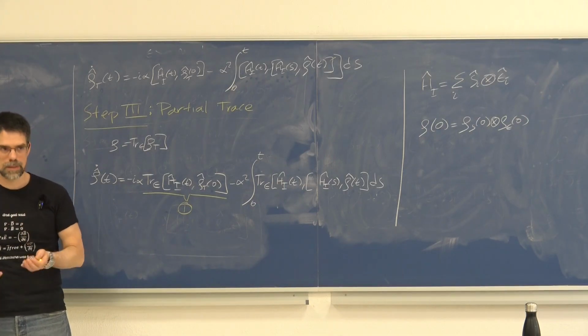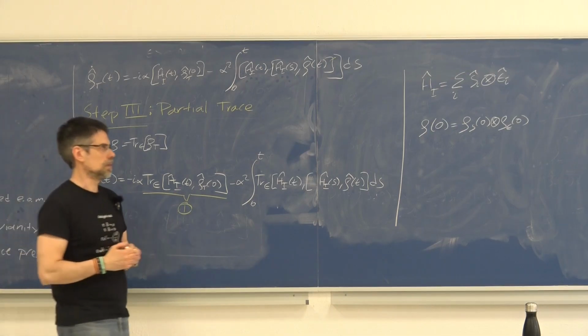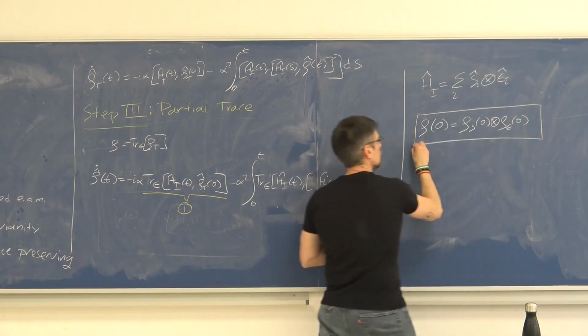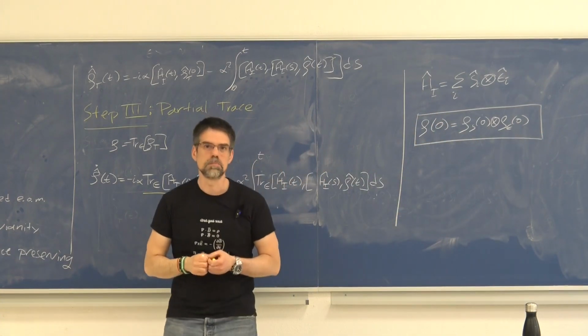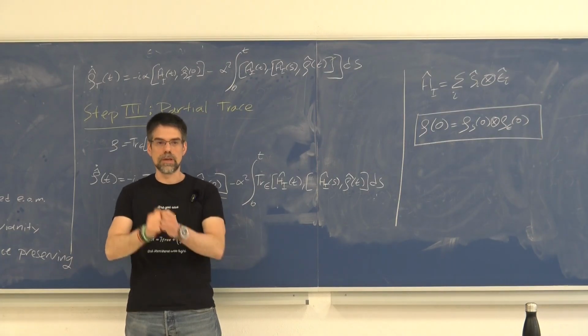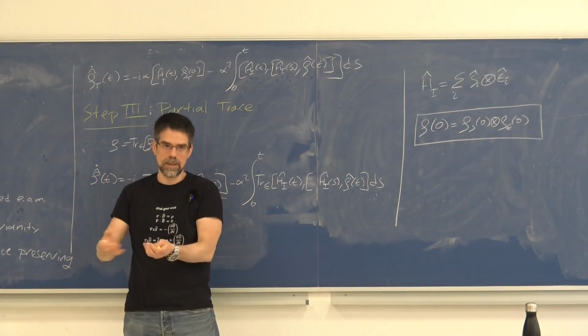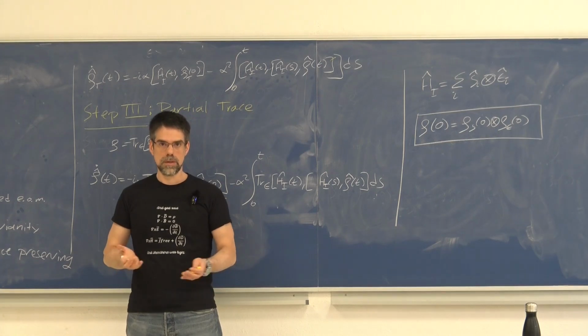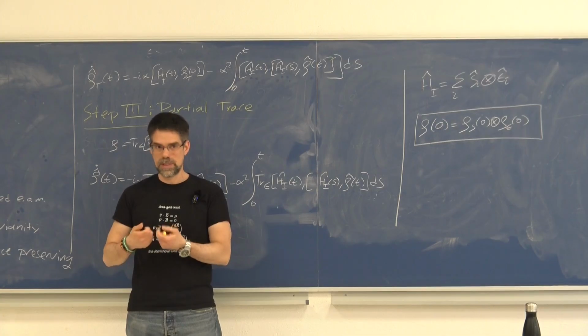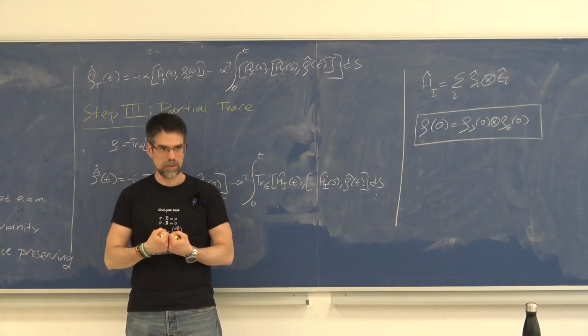There is no entanglement between the system and the environment. Is this a very strong assumption? It depends. If you have, for instance, a system that you prepare and you put it in contact with another system, you expect them not to have any correlation. But what this means is that you need your initial time at a very special time, because it's the time you put them in contact.